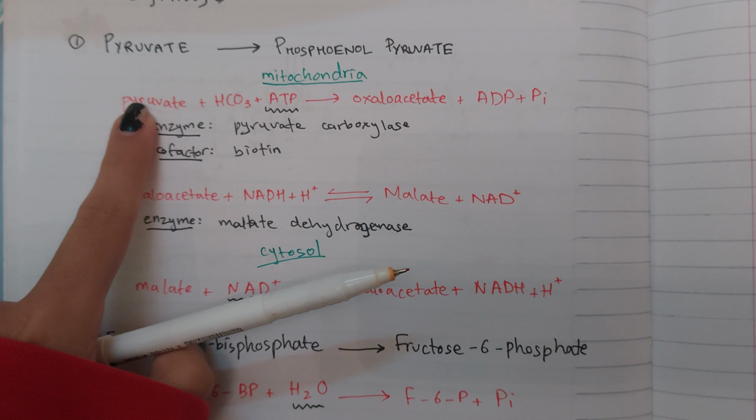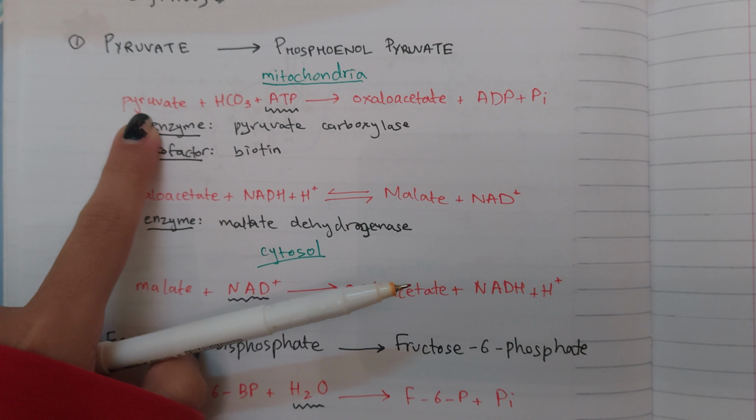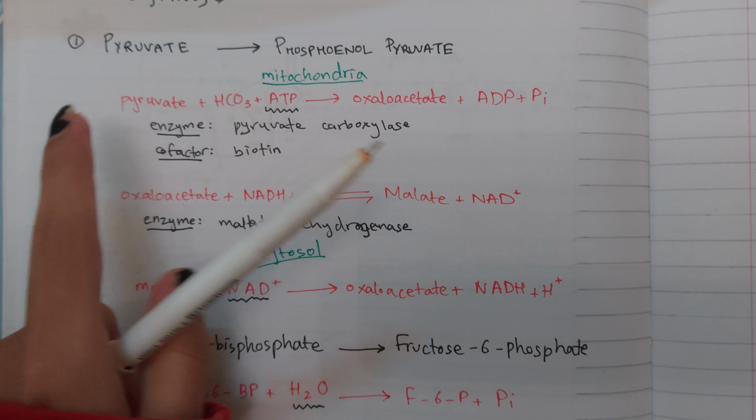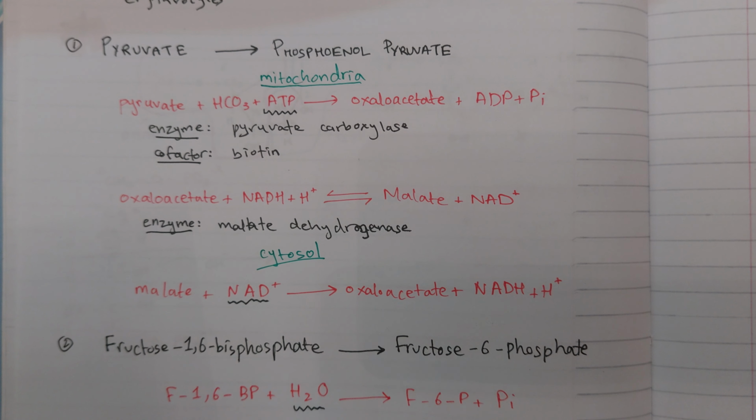So we would multiply our reactants by 2 because the glucose molecule requires 2 pyruvate. In this reaction we used 1 pyruvate, so in order to make 1 molecule of glucose we need 2 pyruvate. So we will multiply our reactants by 2 in the equation.